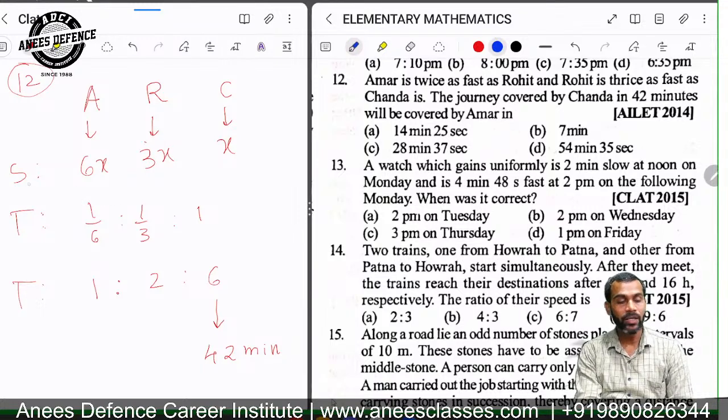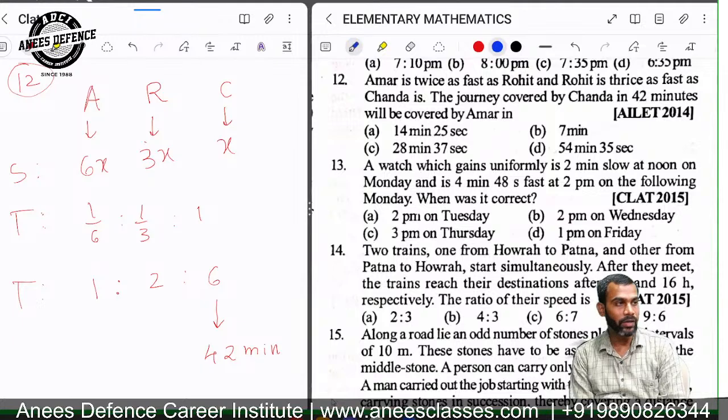See, speed and time are reciprocal to each other. If speed is more, then time required will be less. So the ratio of time would be the reciprocal of the ratio of the speeds. So 1/6, 1/3, 1. Now we need to multiply by 6, in order to get integers.